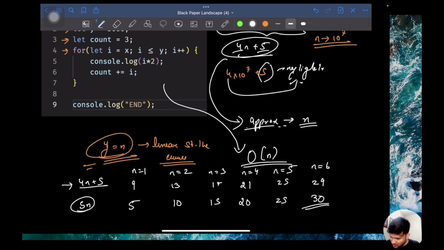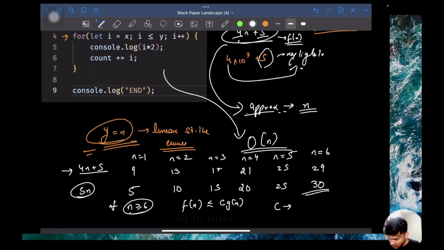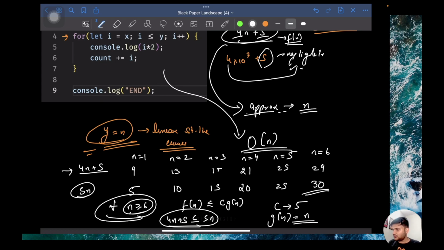So can I say, for all n greater than or equal to 6, my function f of n is less than or equal to c g of n, such that c equals 5 and g of n equals n. So can I say 4n plus 5 is going to be less than or equal to 5n for all n greater than or equal to 6.